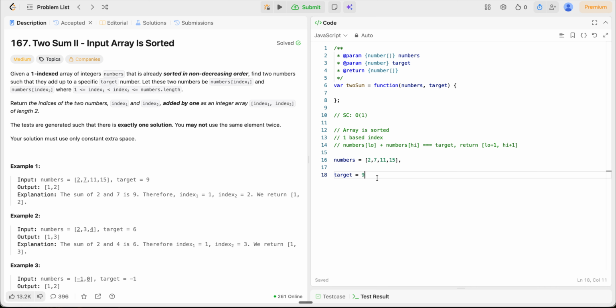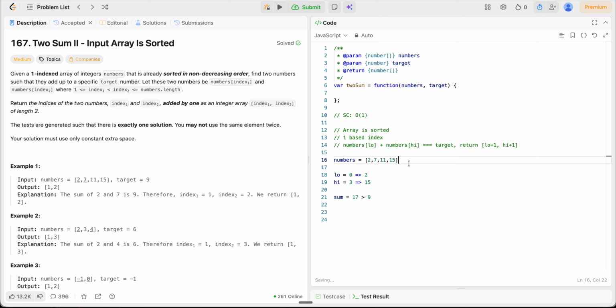Now let's say, for example, I take two numbers on both the ends. Low index is 0, high index is 3, but the numbers at those positions are 2 and 15. Now if I add 2 and 15, what will be my sum? Sum will be 17, which is greater than my target, right?